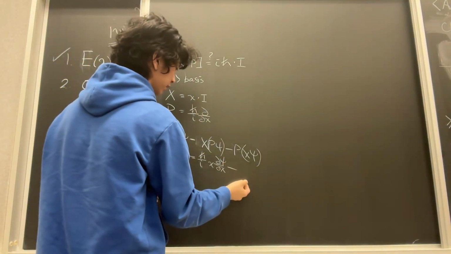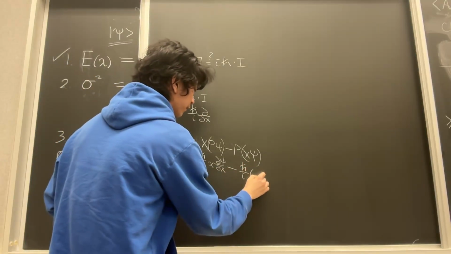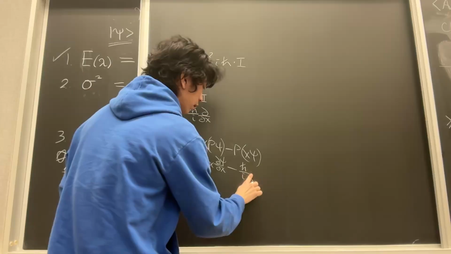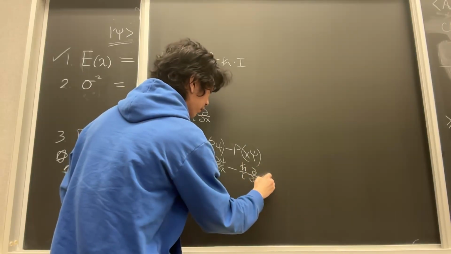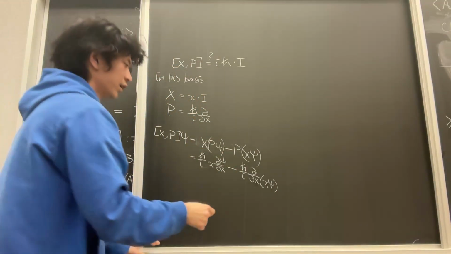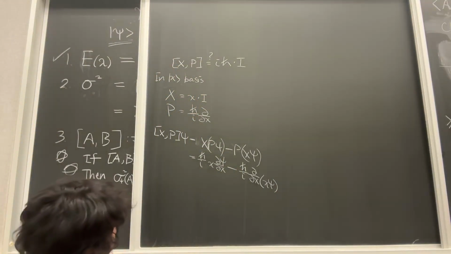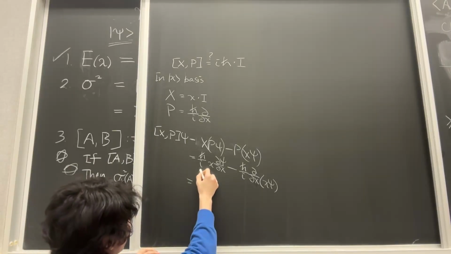The other side is a bit more interesting. You have h bar over i, and then you differentiate the entire thing, x psi, instead of just psi itself. So you have a product rule.